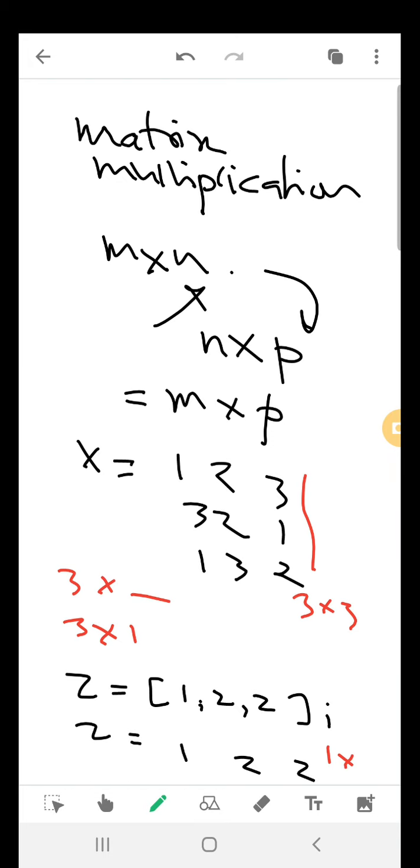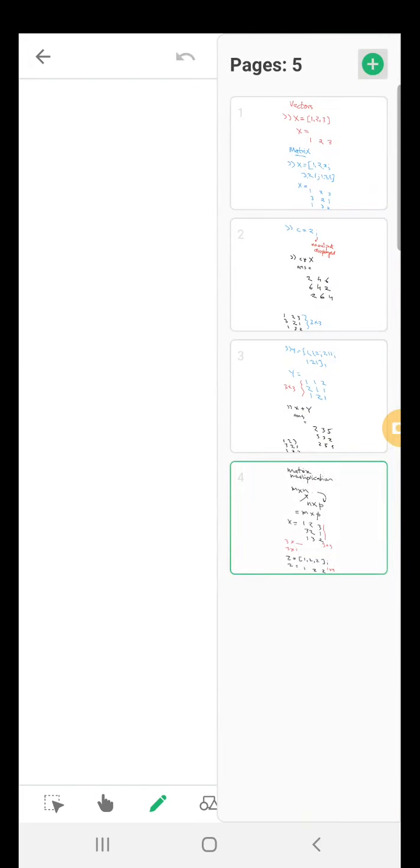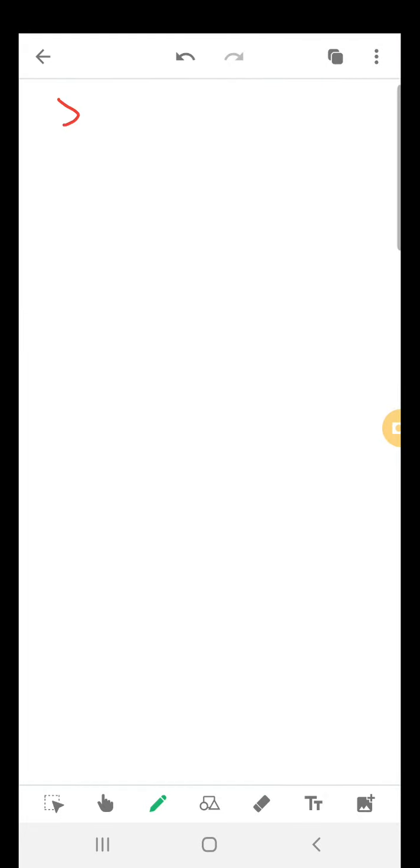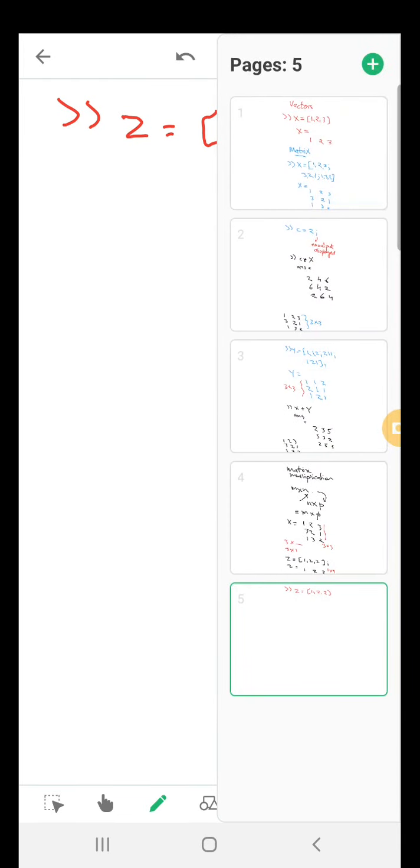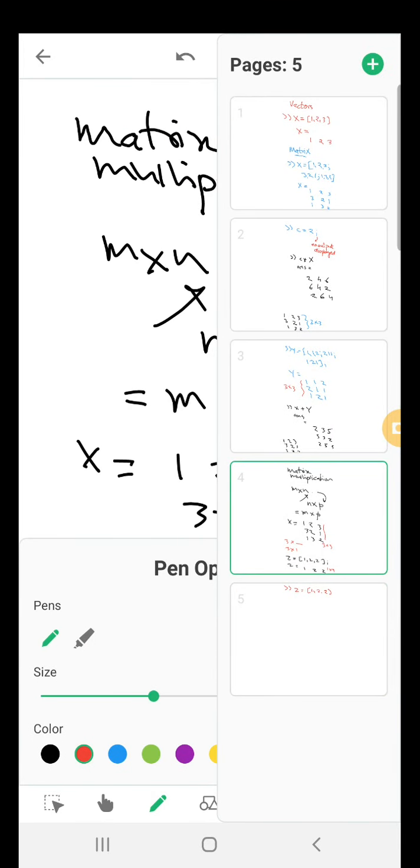It has to be 3 into 1. So to do it, let's write here Z as 1, 2, 2.